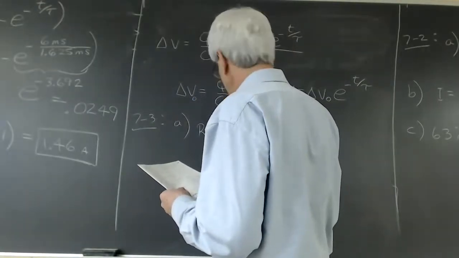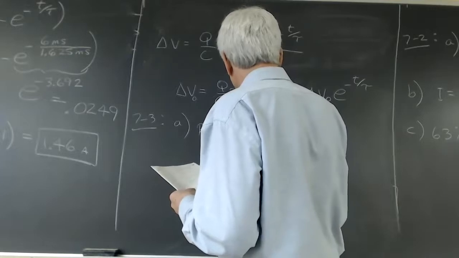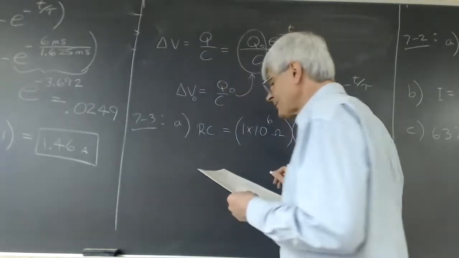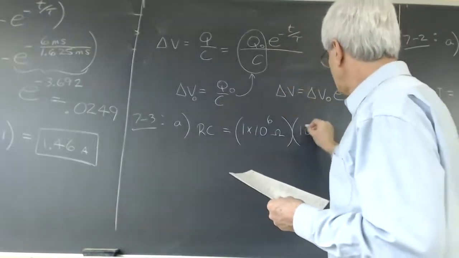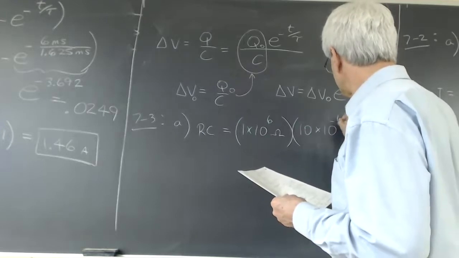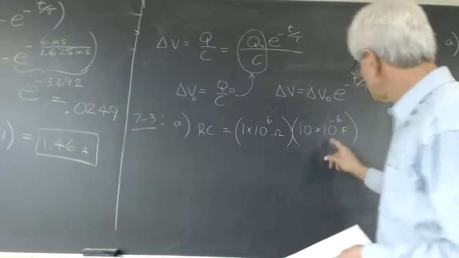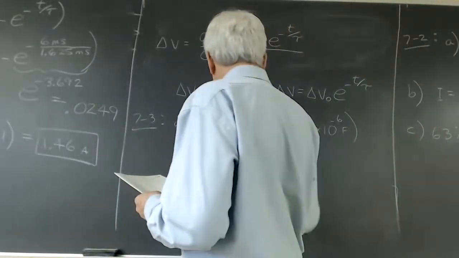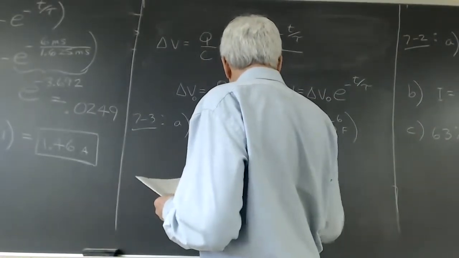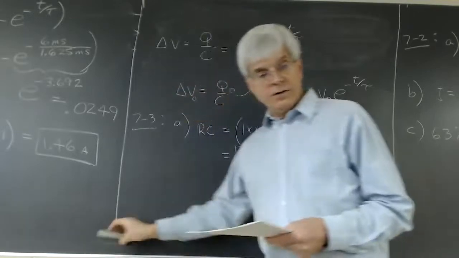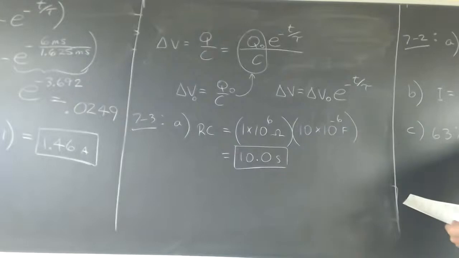Got a lot of resistance: mega ohm, 1 times 10 to the 6th. 10 microfarad capacitor. Micro means 10 to the negative 6. So you've got a 10-second time constant.